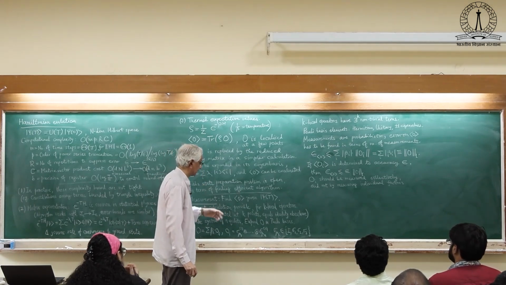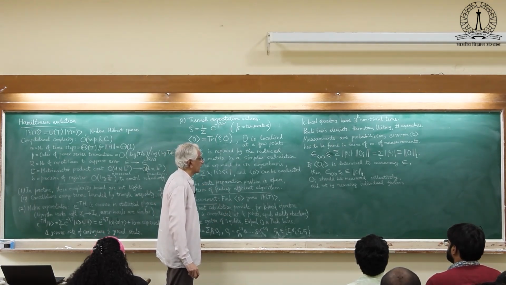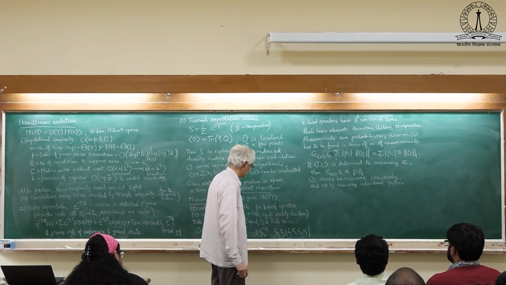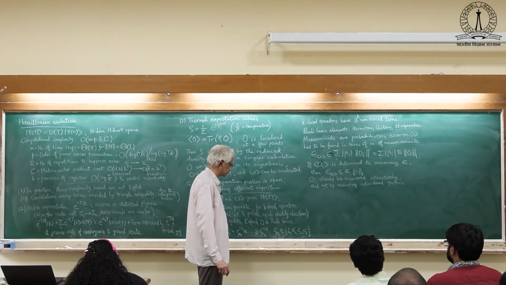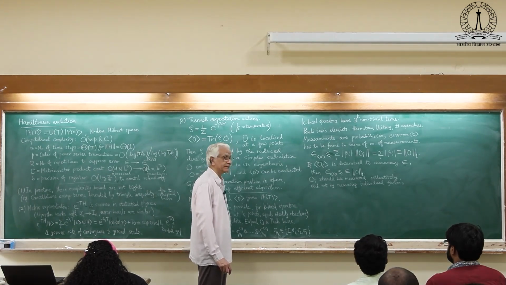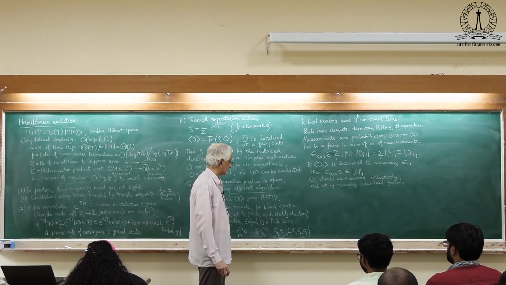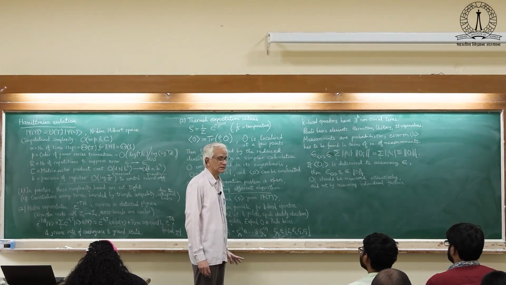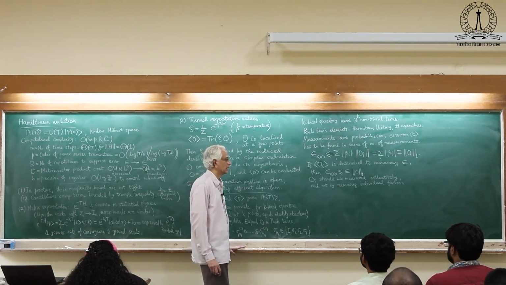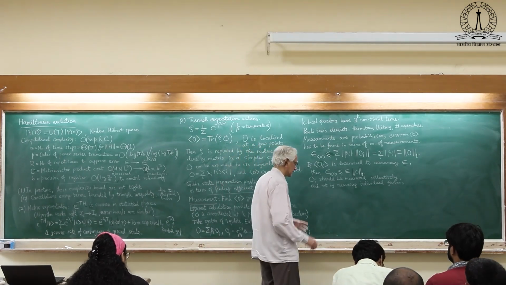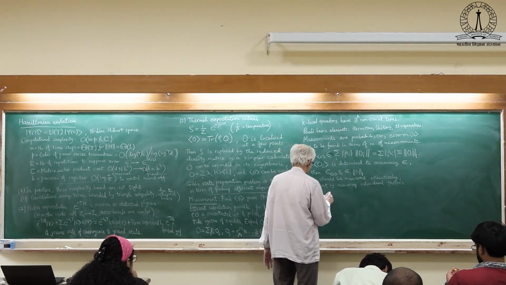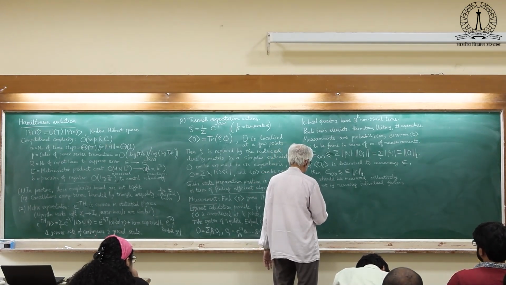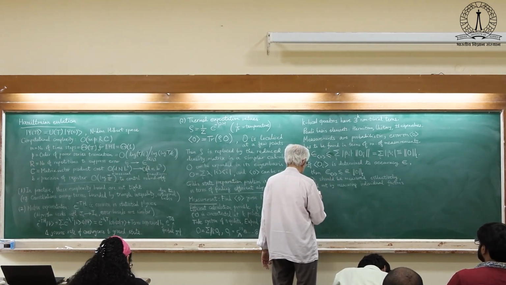Okay, so how do I measure a collective observable without measuring the individual parts? And that can be done by controlled operations in quantum circuits. And for simplicity, the best thing is just to give an example, and I will just take a two-qubit system.